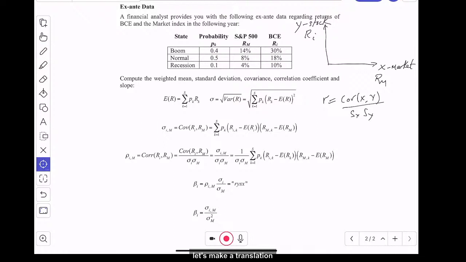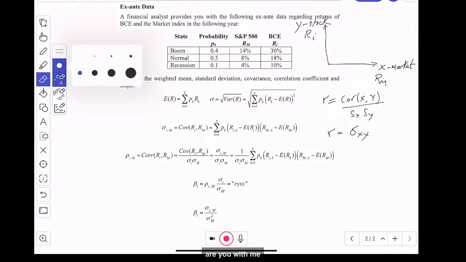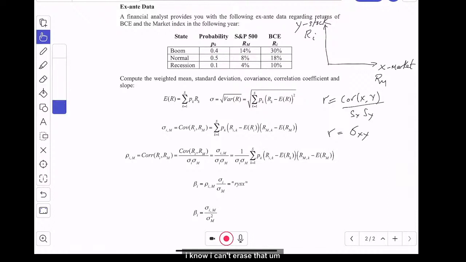But now let's make a translation. Let's go from the correlation for historical data, now let's do it for ex ante. For ex ante, I would write it using the Greek letters, and this would be covariance. Are you with me? And then this would be the standard deviation of each of those. How's that?